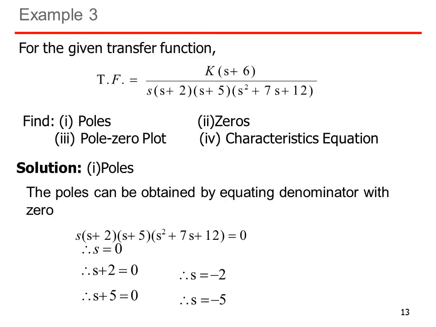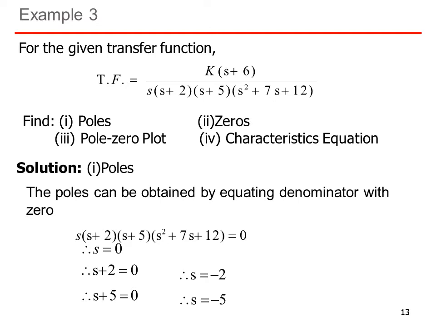Here is one transfer function: K times (s plus 6) divided by s (s plus 2)(s plus 5)(s square plus 7s plus 12), and we have to find the poles, zeros, pole zero plot and characteristic equation. Let us see how to find the poles.